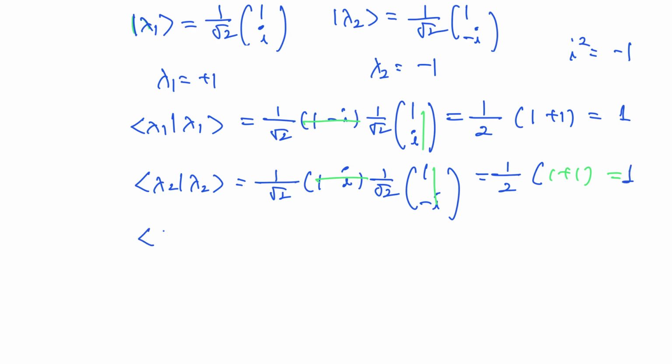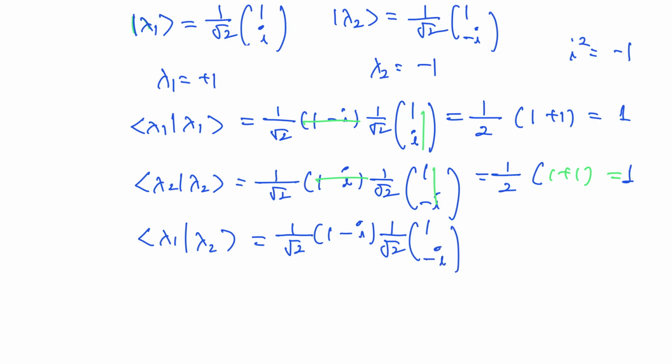How about lambda 1, lambda 2? 1 over square root of 2, (1, -i), times 1 over square root of 2, (1, -i), right?